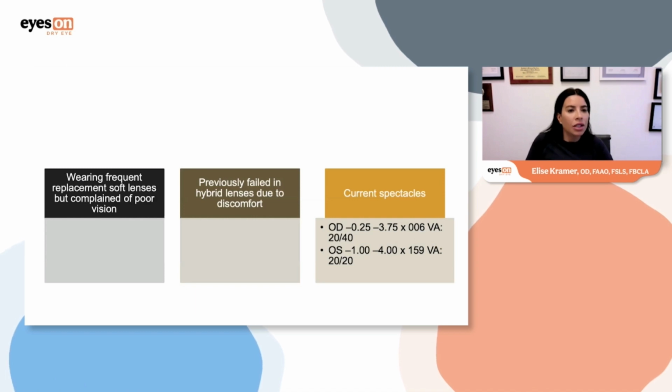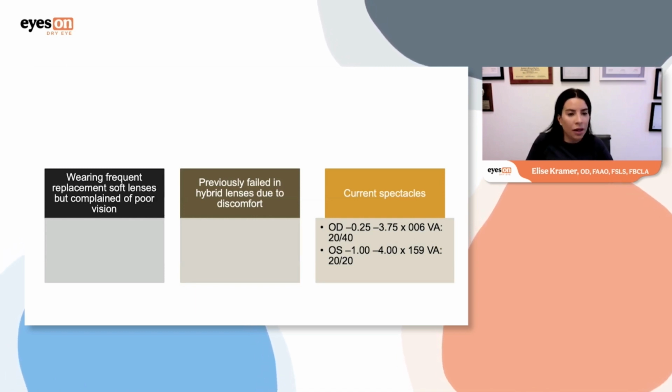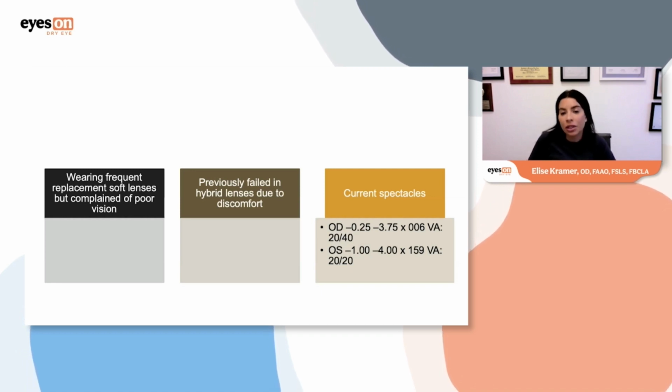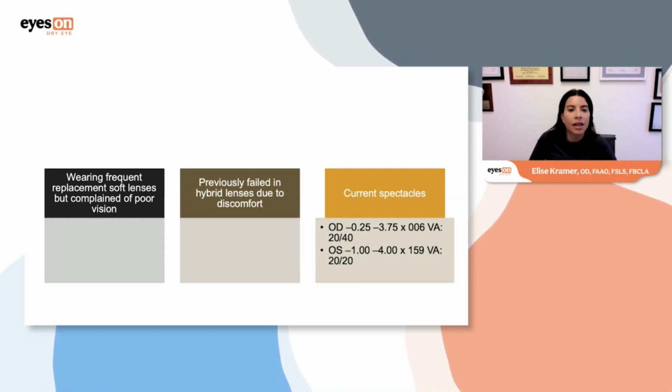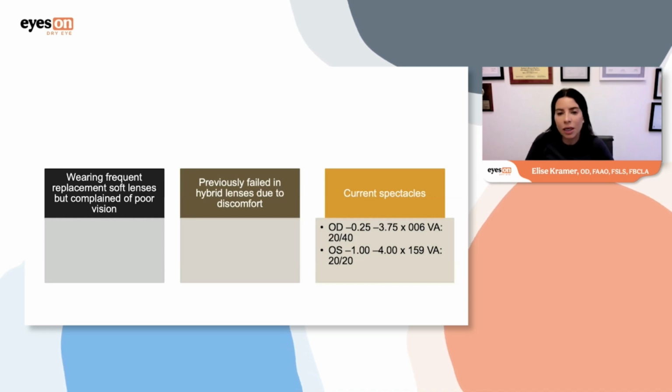She's wearing frequent replacement soft lenses, but complains of very poor vision. She does have keratoconus, irregular astigmatism, and ectasia, which is difficult to neutralize sometimes with a soft lens.